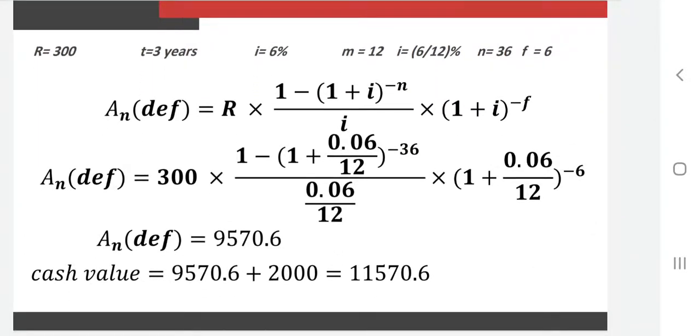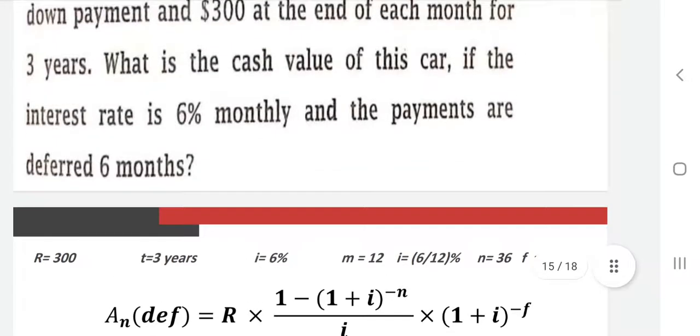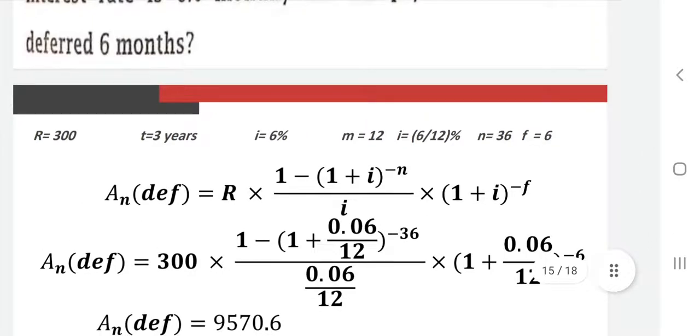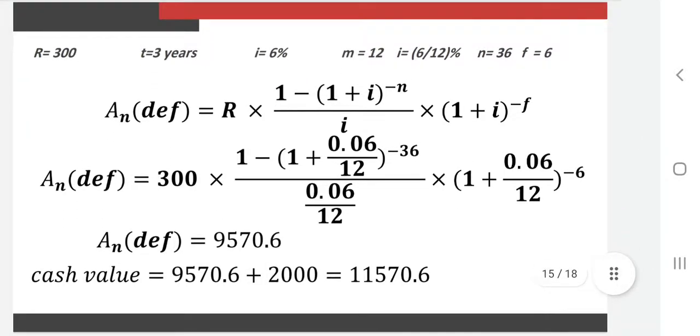Look at the solution. R will be equal to 300, J equal 6%, M equal 12, I equal 6% over 12, and N will be equal to 36, and for the deferred time of 6 months, F will be equal to 6.